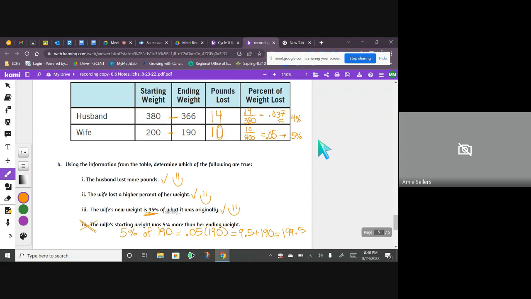So this one does not work. And that's just like the other problem that we did, where we can't lose 5% and gain back 5%. It's not going to end up canceling each other out because they are 5% of different amounts. So just like if you can add 5 and subtract 5, you can do that and start back where you began. But you can't do that with percents.